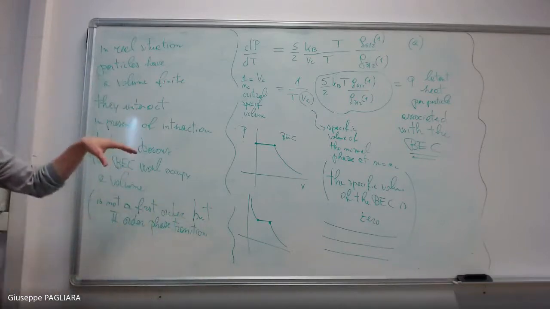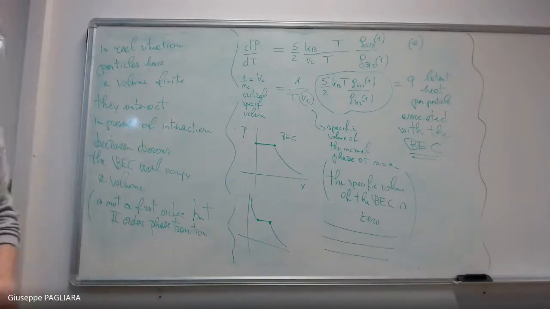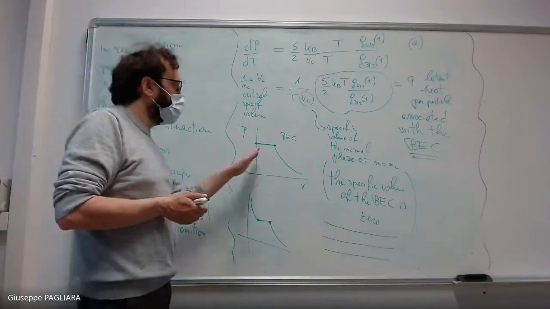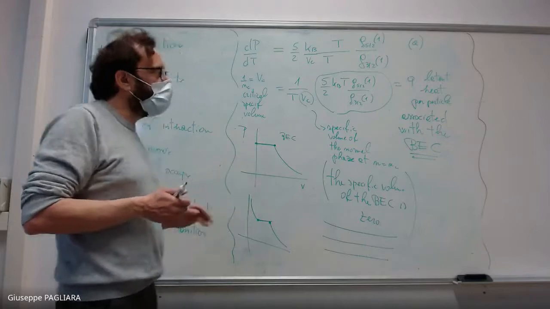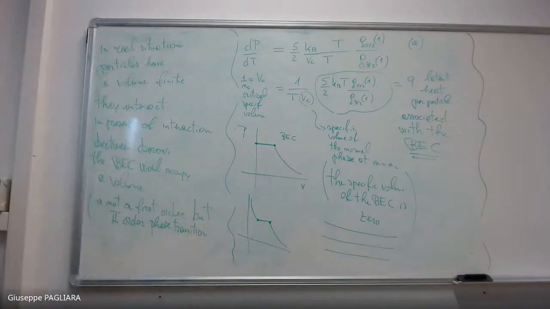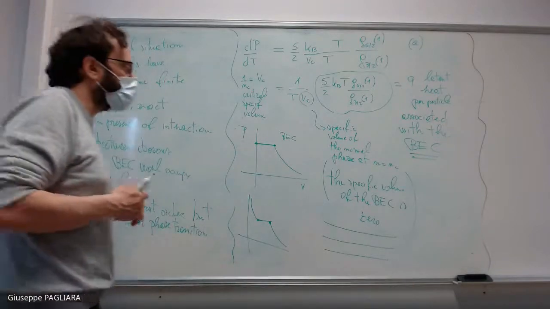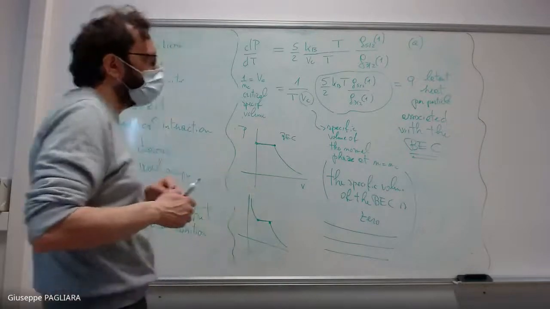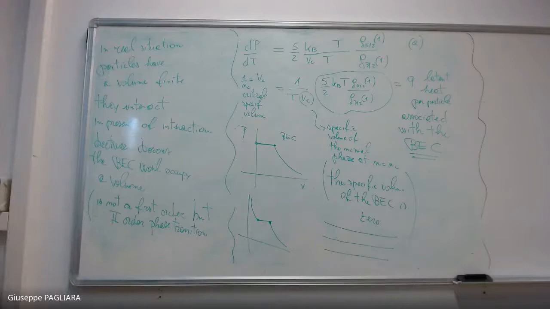Okay, so all these features are qualitatively correct within this model because we are not considering interaction. But in real situation, of course, there is interaction, and this interaction will be important also for the Bose-Einstein condensate because it will remove some of these artifacts, and the condensate will have a finite volume occupied by the particles. Okay.